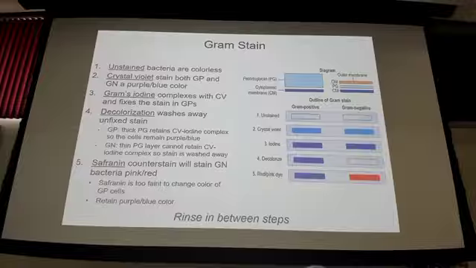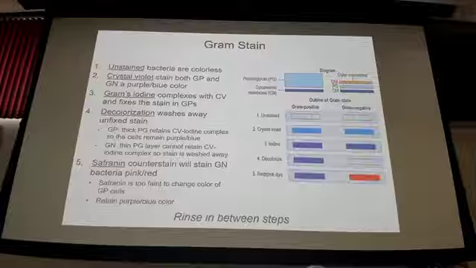And then the first thing you do is add a primary stain, usually crystal violet, which is this big, heavy molecule that will permeate through peptidoglycan and bind to it. With gram-positives, there's a lot of peptidoglycan to bind to for that crystal violet dye.